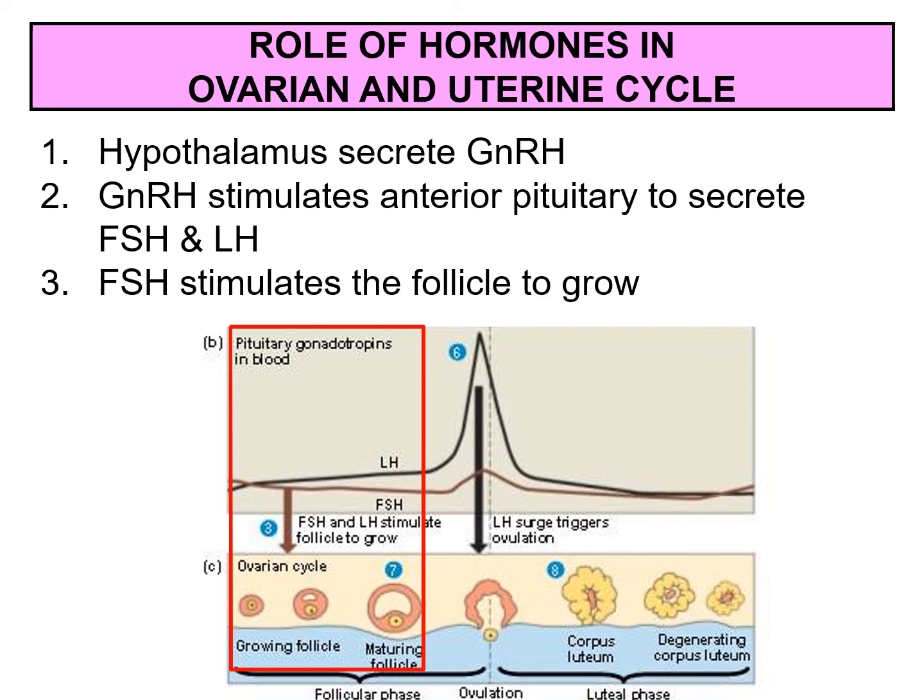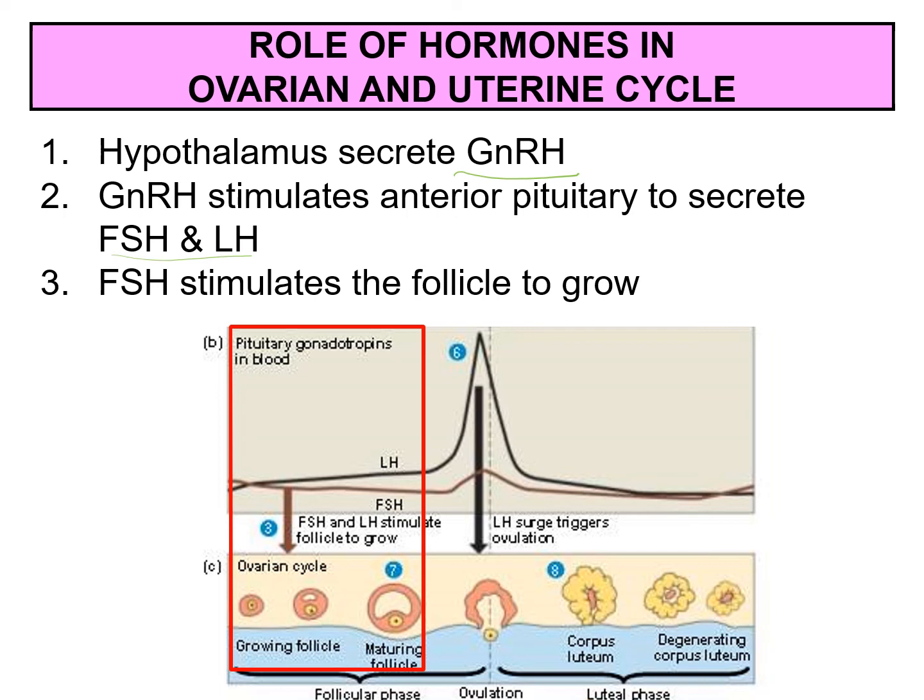So to relate, kita boleh nampak, okay kan, FSH is related to the follicle in the ovary, FSH dengan LH. So without the GnRH, there will be no FSH and LH. So no FSH and LH, no growing follicle. If there is no growing follicle, then there will be no estrogen and progesterone.